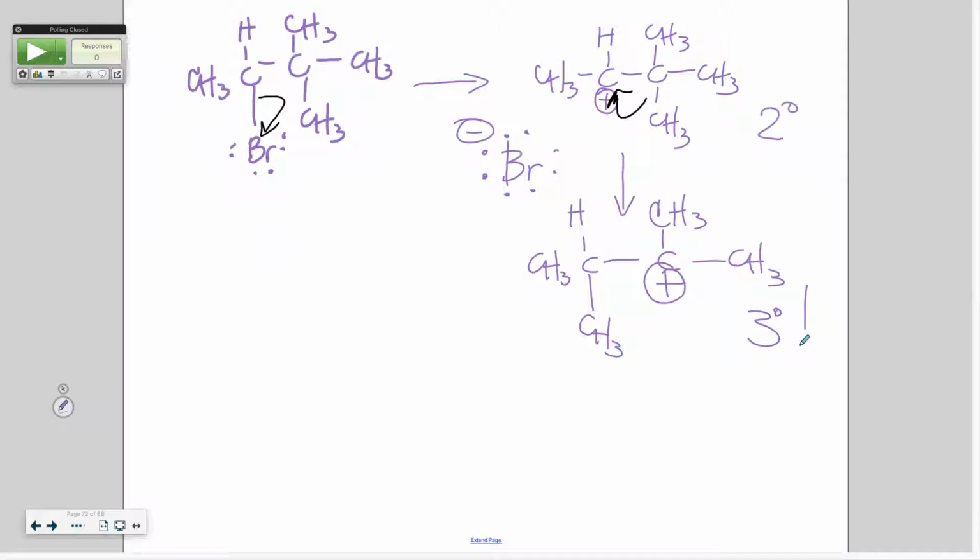If you lost your leaving group and you got a tertiary carbocation, it's probably not going to rearrange, because it's already as stable as it can get, unless there's something else in the molecule, but we're not there yet. So now what do I do to get to that major product? Well, what was my nucleophile?